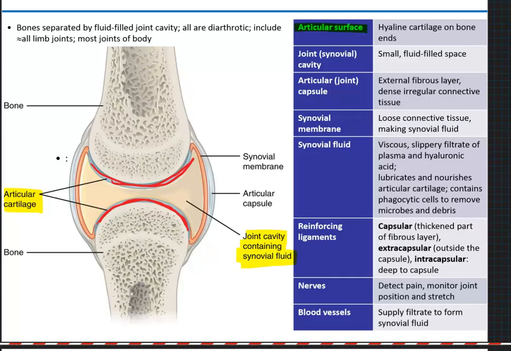It's important that joint cavity is filled with a synovial fluid. As any other fluid in the human body, synovial fluid is produced by filtering blood, so it contains a fair amount of plasma and a fair amount of hyaluronic acid.